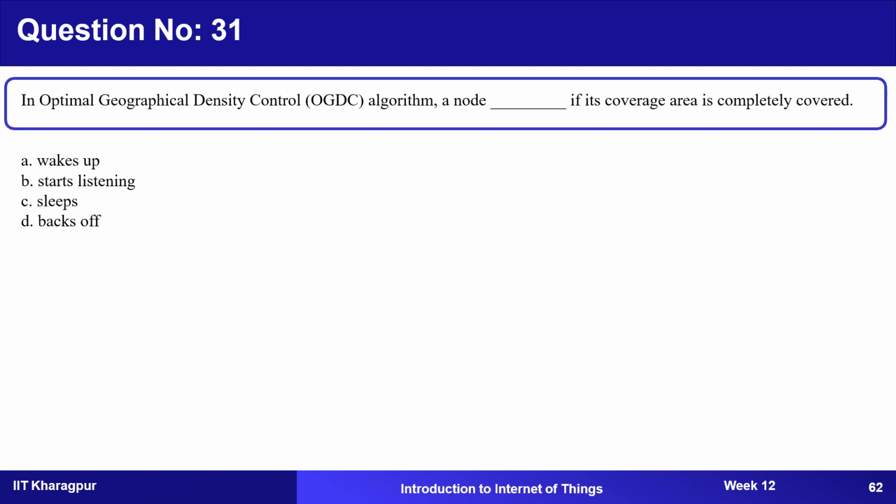Next question is, in optimal geographical density control, that is OGDC algorithm, a node blank if its coverage area is completely covered. Options are wake up, start listening, sleeps, back off.